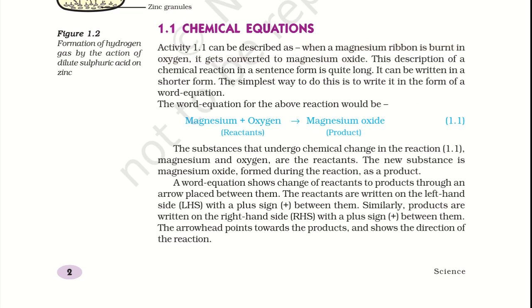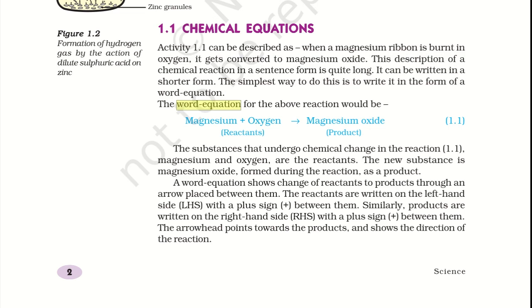This description of a chemical reaction in sentence form is quite long. So here you can see we have written a long way to understand a chemical reaction. It can be understood in a concise manner also. It can be written in a shorter form. Here the simplest way is given to you, that is what we call a word equation.